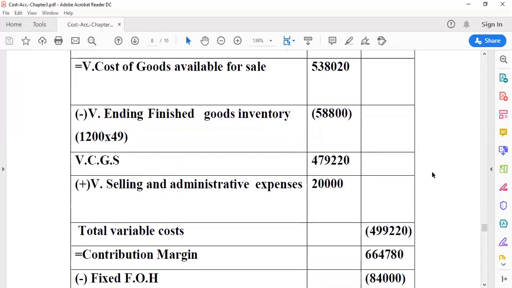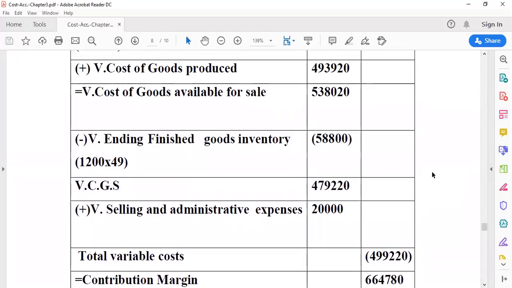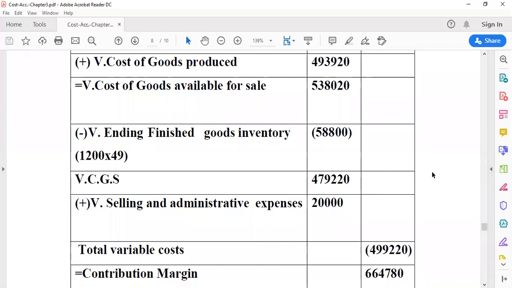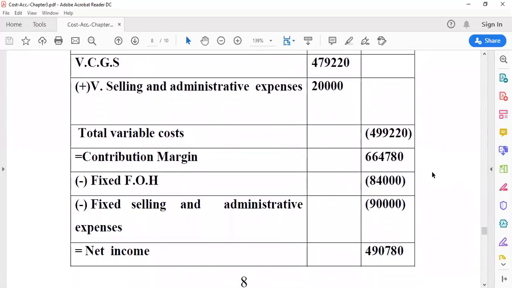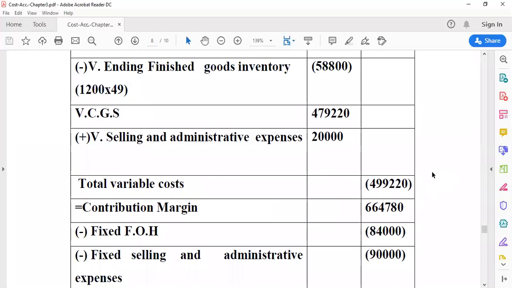So if you remember, when we were solving the full absorption theory, we calculate the beginning finished goods with the cost of goods produced, and then subtract the ending finished goods inventory to get our gross profit before subtracting any other expenses that we have in our organization.